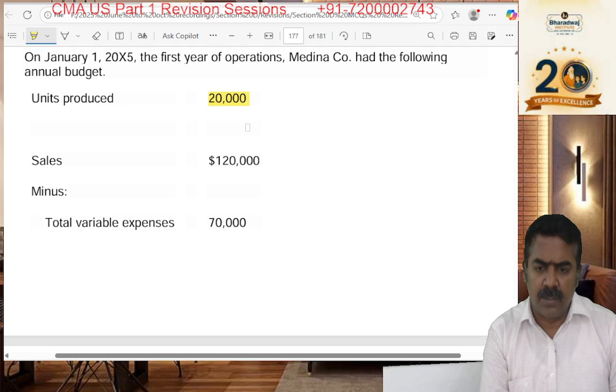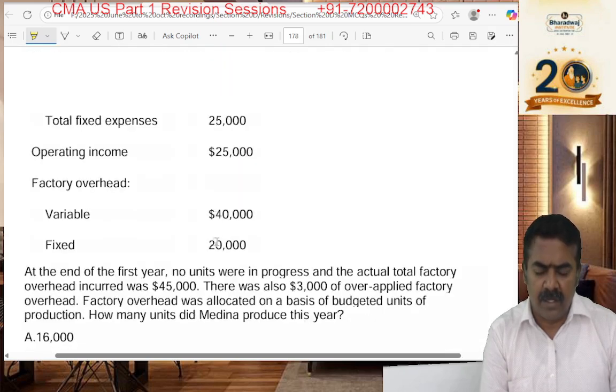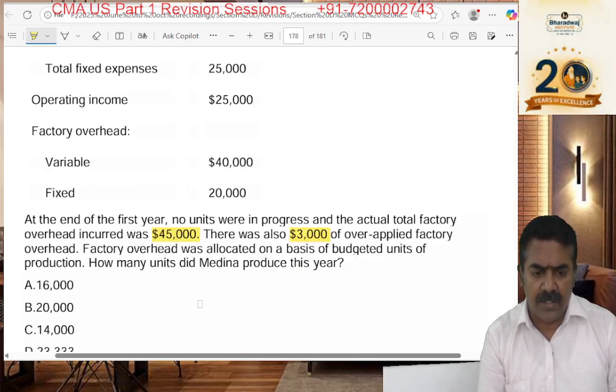Units produced 20,000. Sales, variable expenses are given, fixed expenses are given. Factory overheads, fixed and variable, is given. Total factory overheads incurred was how much? 45,000. 3,000 over applied factory overheads. We ask you how many units they produce this year.